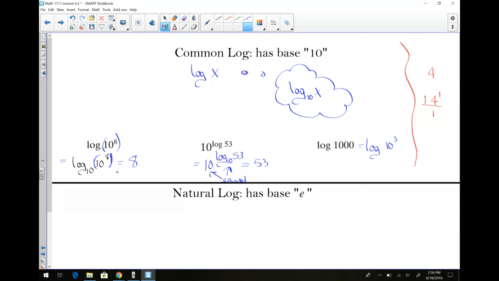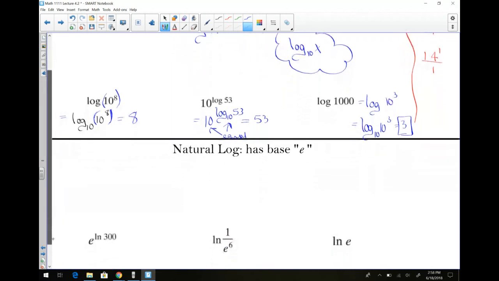And it's kind of like this one over here. Some of y'all can already see it. If you said 3, you're correct, because I have log base 10 of 10 raised to the third, which equals 3. Okay. So you can manipulate these things as long as they have the same base.